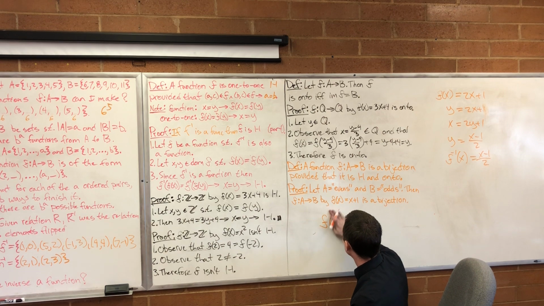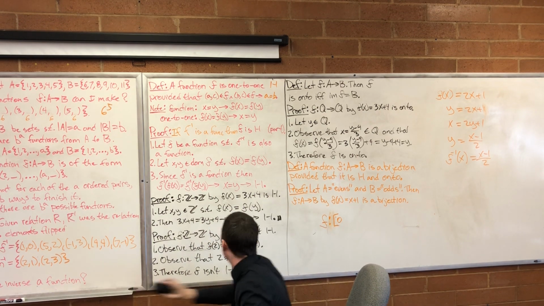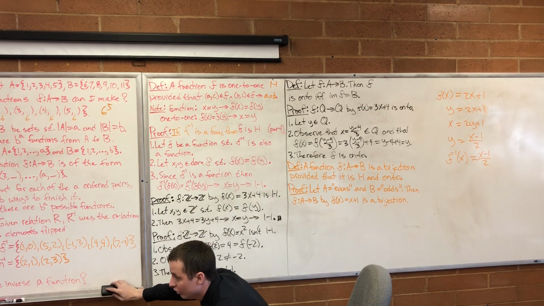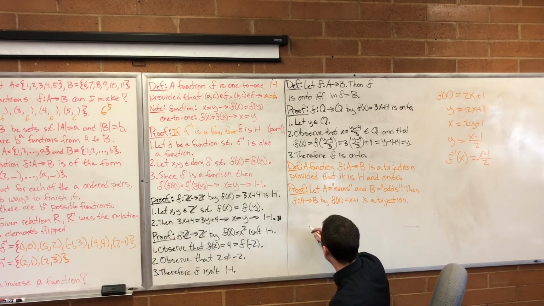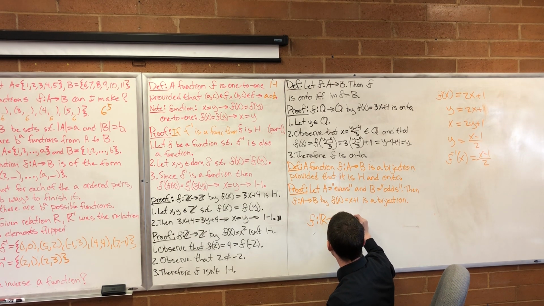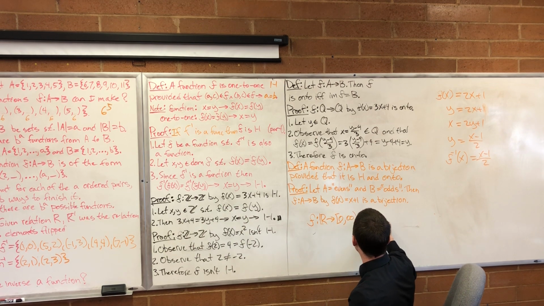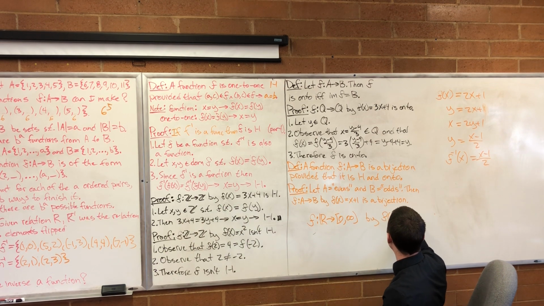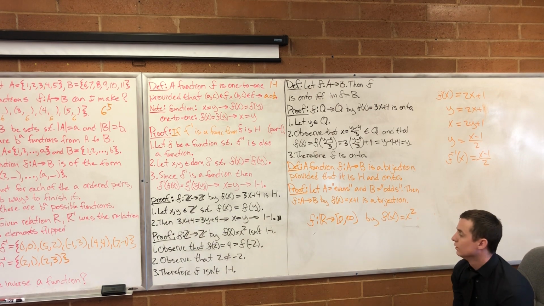So we have f from R to, an example of an onto function that's not one-to-one. Onto, not one-to-one.